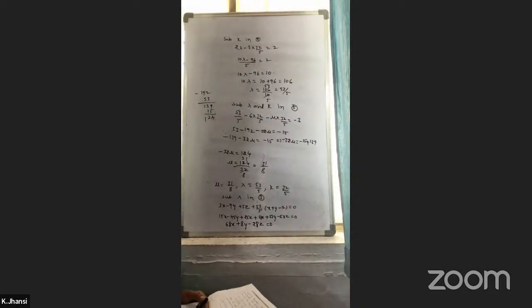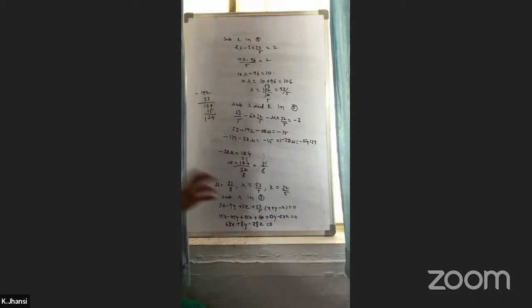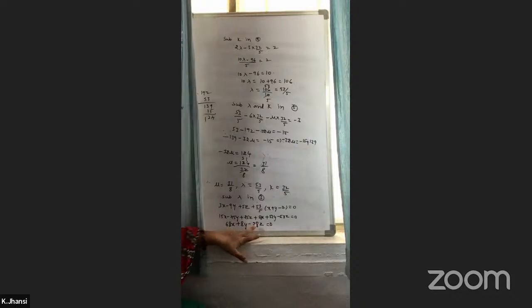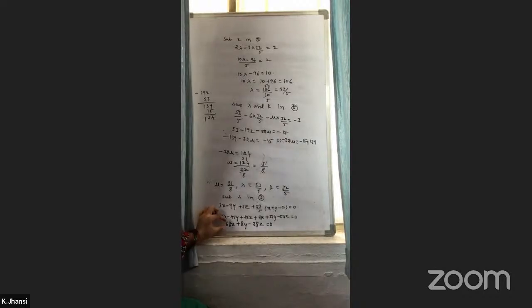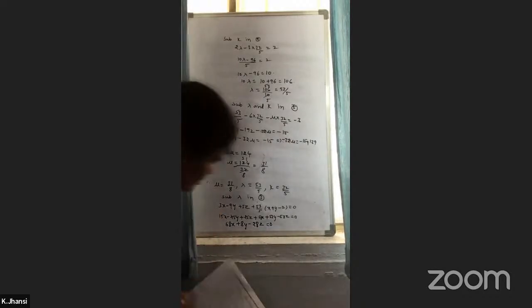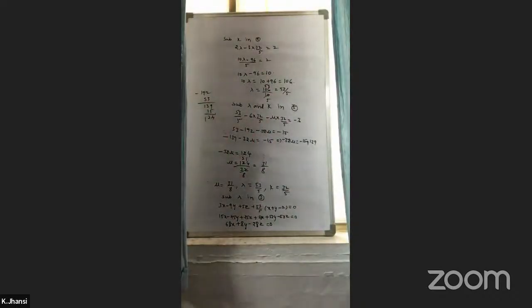So when you take out here, okay, we can take 4 common here, no? 4 sevens are 28, 4 twos are 8, and here 4 ones are 4, 4 sevens are 28. Okay, just to form it in a simple way. Take out 4 common from the equation.